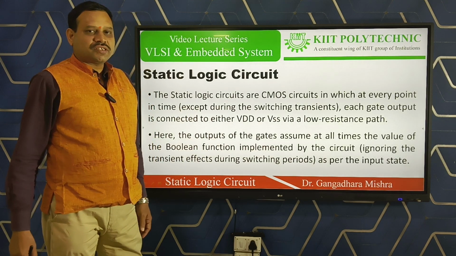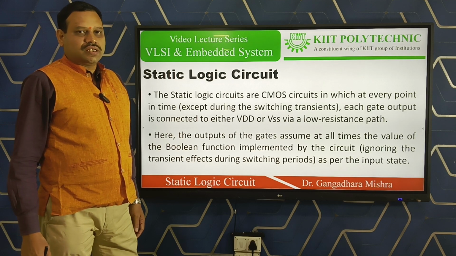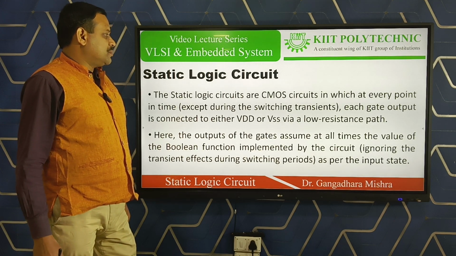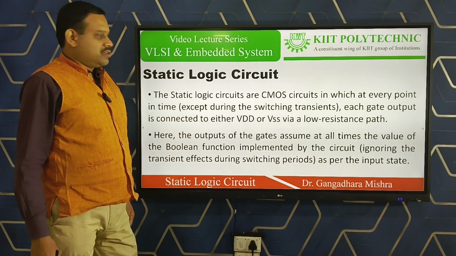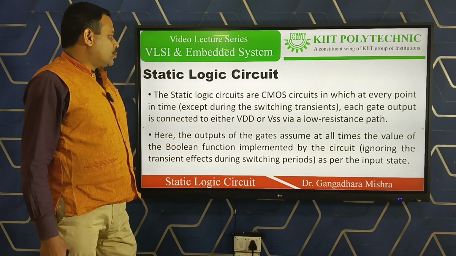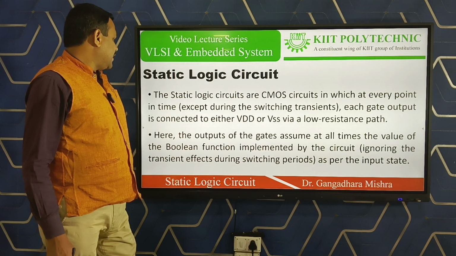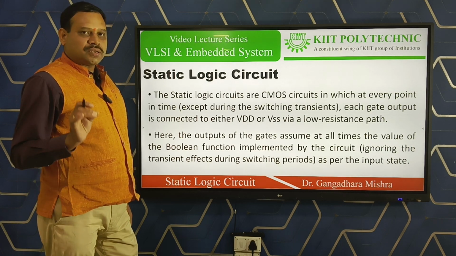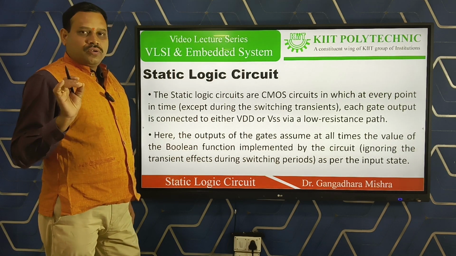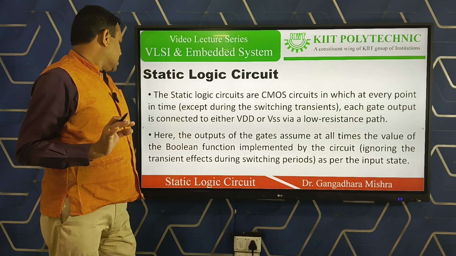To begin with, we must know what a static logic circuit is. Any logic circuit comprising CMOS, where at every point of time the output is connected to either the supply VDD or ground, is known as a static logic circuit.